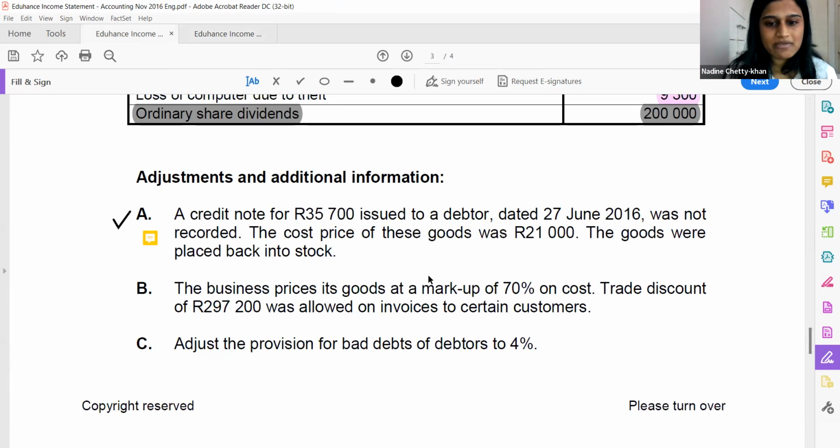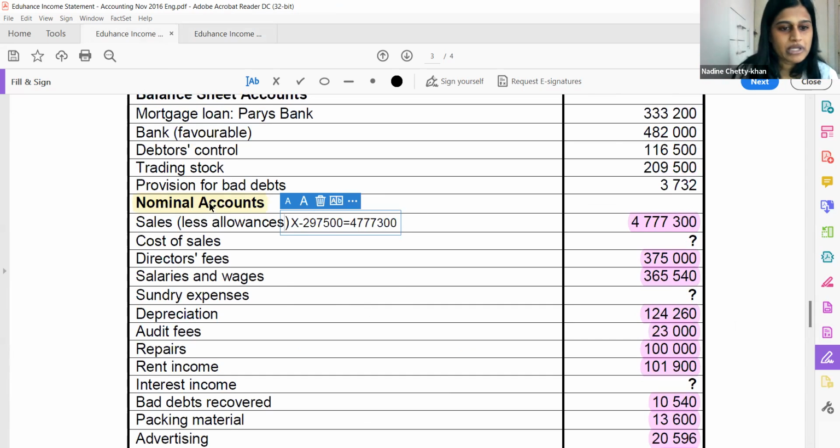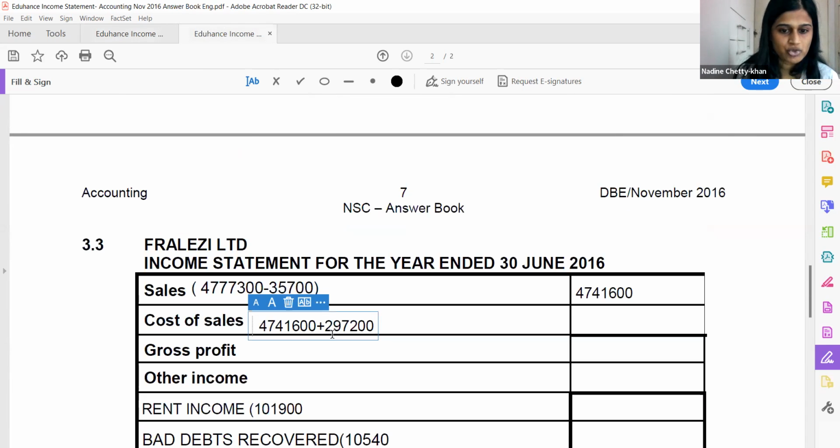So let's go back to the question. Remember, they gave us a markup, but they said trade discount of 297,200 was allowed. So when we are using sales in the markup formula, we need the sales amount before the allowances. Because to calculate the sales after the allowance, we subtracted the allowance amount. To get the sales amount before allowance, we are going to add back the 297,200.